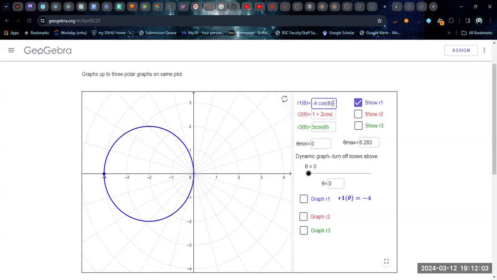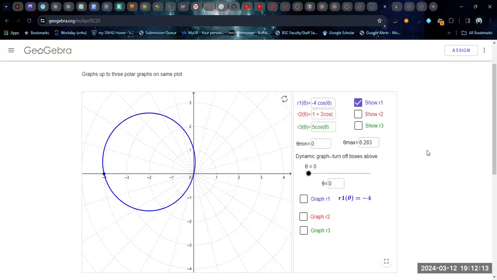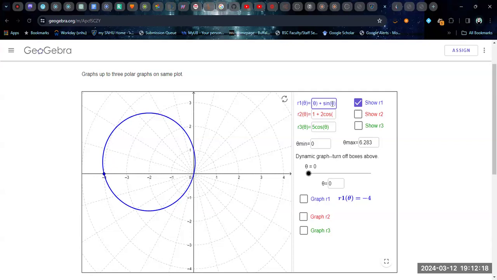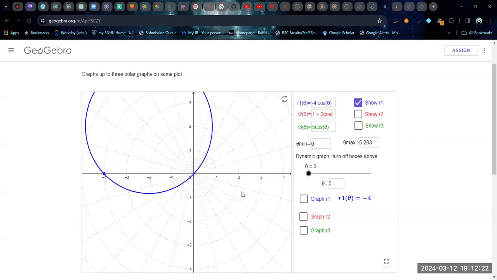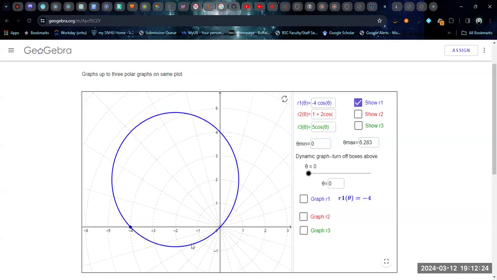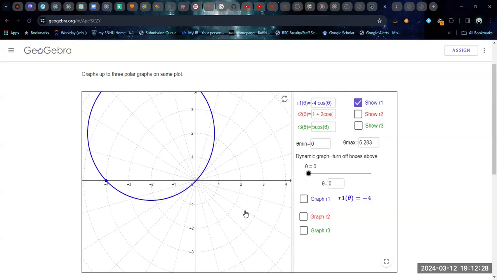We can also, if we wanted to, have both sine and cosine functions. And that will actually tilt the graph a little bit. So for instance, if I have 4 cosine and 4 sine, I get a circle that's actually shifted off the origin like so.